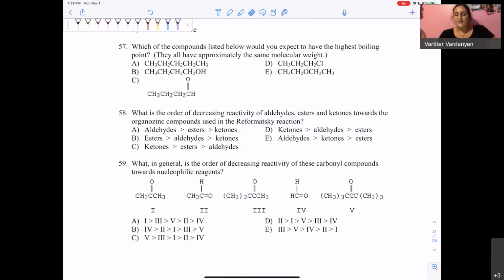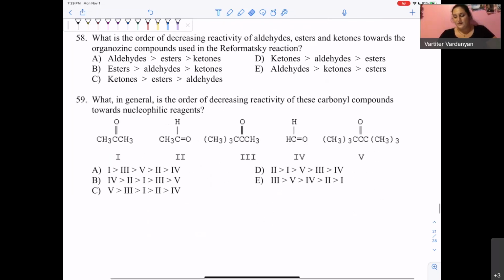But he will definitely ask you a question for the reactions in chapter 16, like what's the order of reactivity for nucleophilic reactions? So you're not expected to know 58, but you would be expected to know 59.